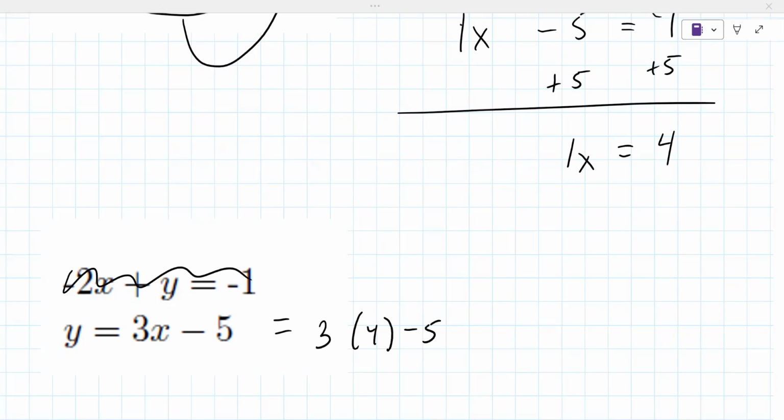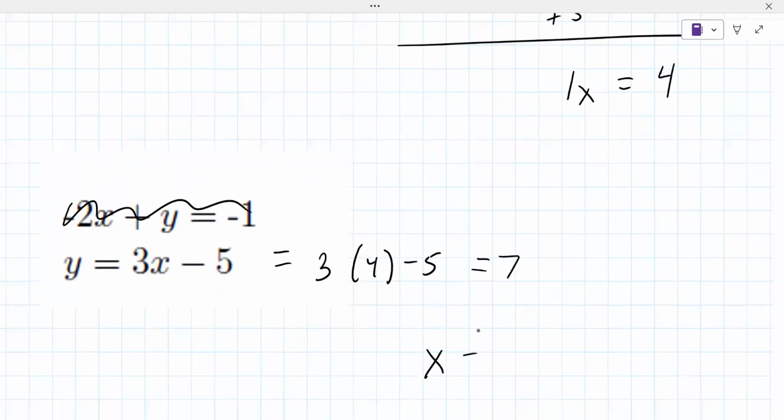Seven. That's right, y is 7. Very good. So x is 4 and y is 7, like that.